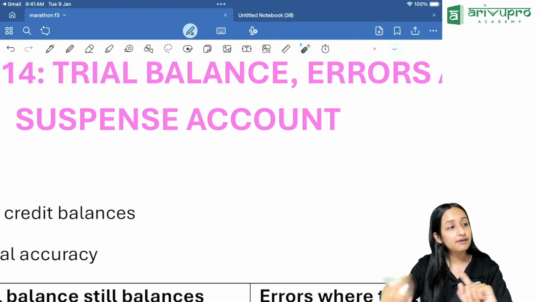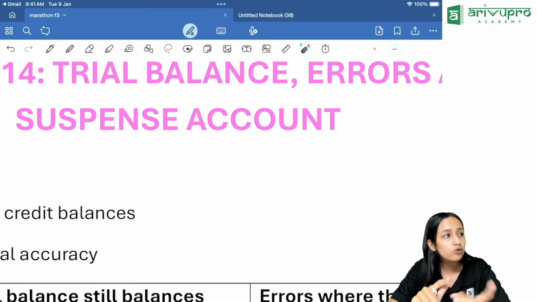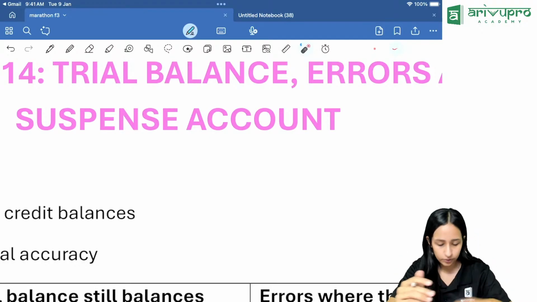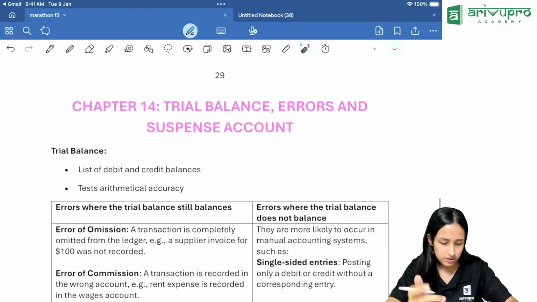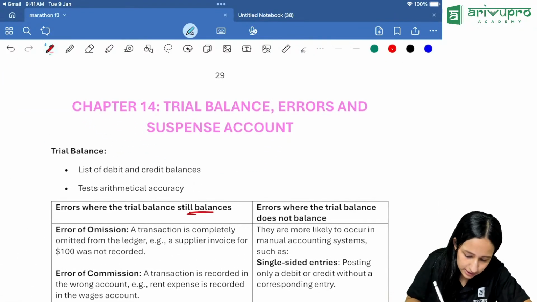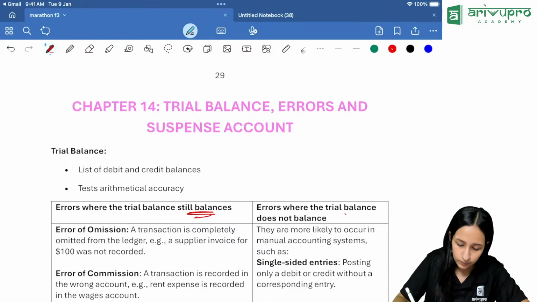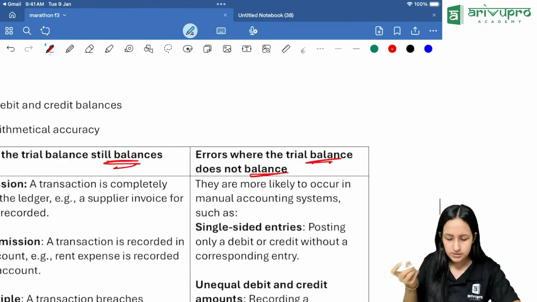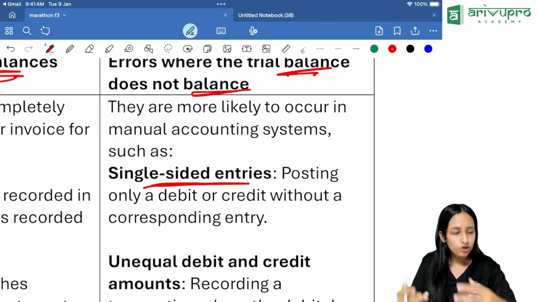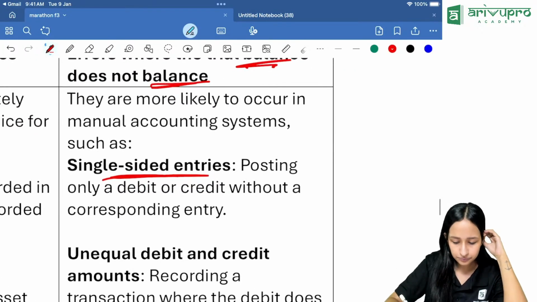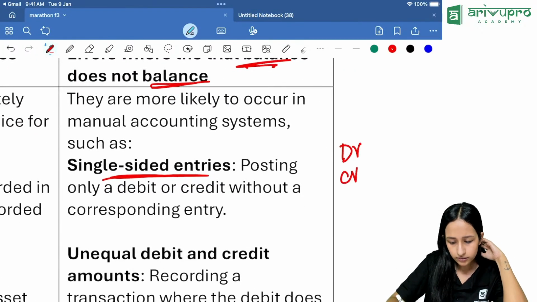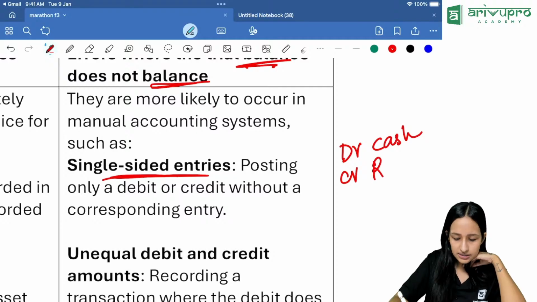Okay, but even when the trial balance tallies, there could be certain errors there. So errors can be of two types. One, where the trial balance still balances, tallies, and one where the trial balance does not balance. Now this is very simple. Maybe you just put one side. For example, debit cash is coming in, credit, let's say, receivables.